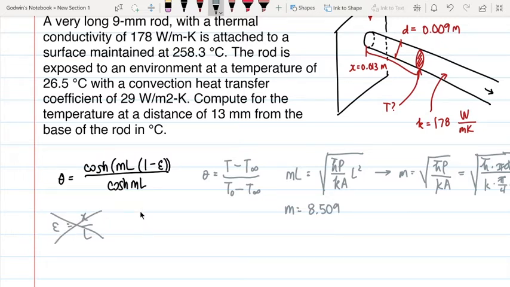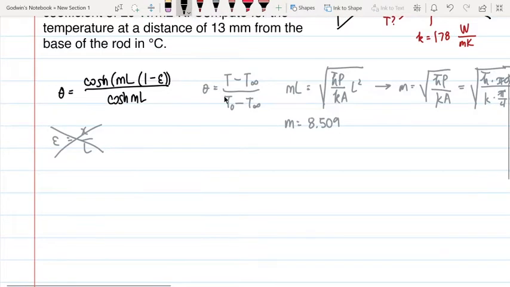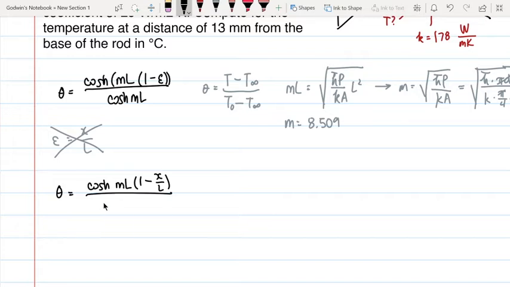So what we can do is, okay, we're going to the solution now. We can substitute that into the original formula, which gives us theta is equal to cosine of ml, and then I know that that's x over L over cosine of ml.